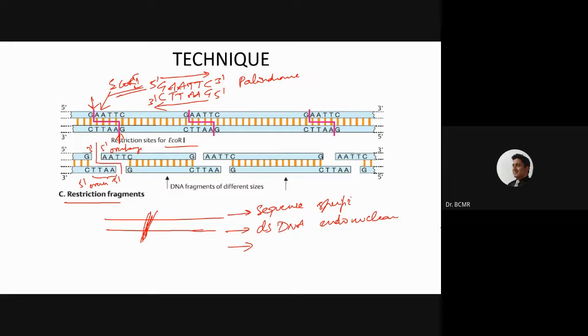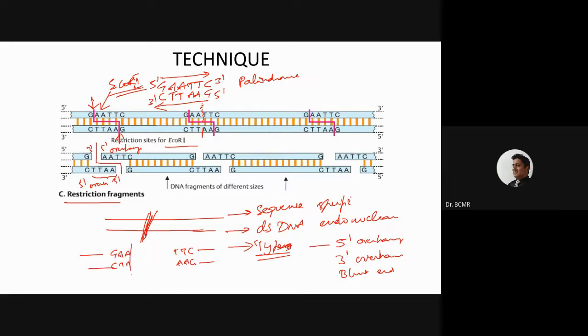Different enzymes give different ends. They can give 5' overhangs, they could give 3' overhangs, or they could be blunt ends. Blunt ends is if there was a cut like this, we would have ended up with GAA as one DNA, and TTC and AAG as the other one.